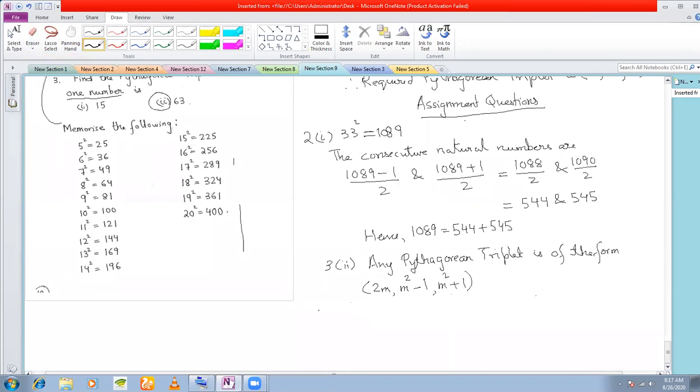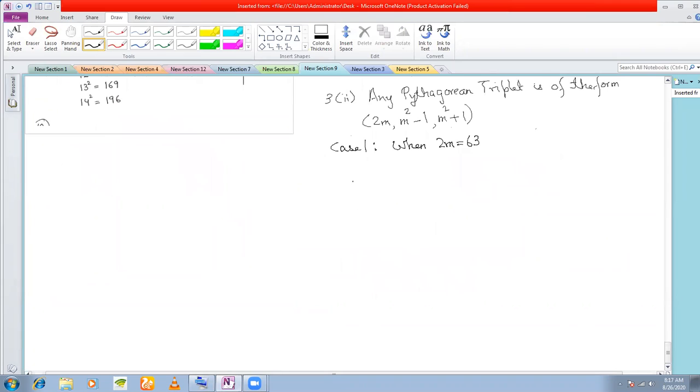So we consider the first case. Case 1. When 2m is equal to 63, so what happens? Therefore, 2m is equal to 63 means m is equal to 63 by 2. Is this acceptable?